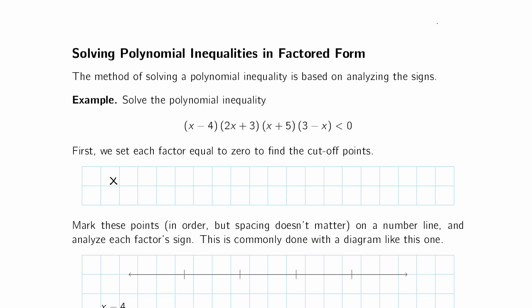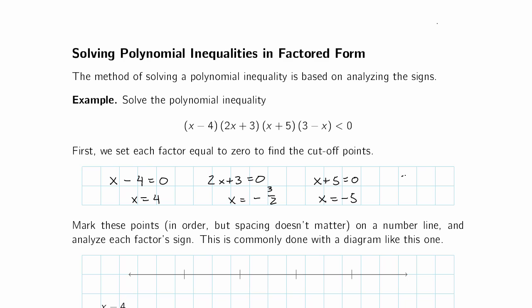We set x minus 4 equals 0, so x equals 4. Or 2x plus 3 equals 0, so x equals negative 3/2. Or x plus 5 equals 0, so x equals negative 5.